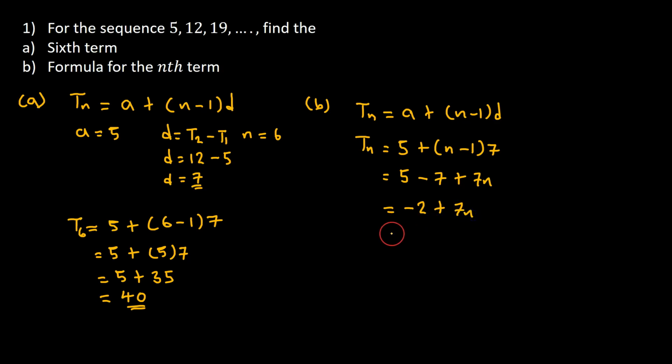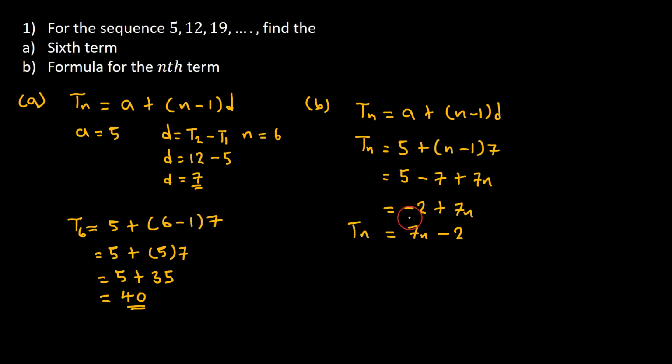We can rewrite this as 7n minus 2. So this is the formula for the nth term. We can use this formula to find any term in this progression, whether it is the first term or the second term.